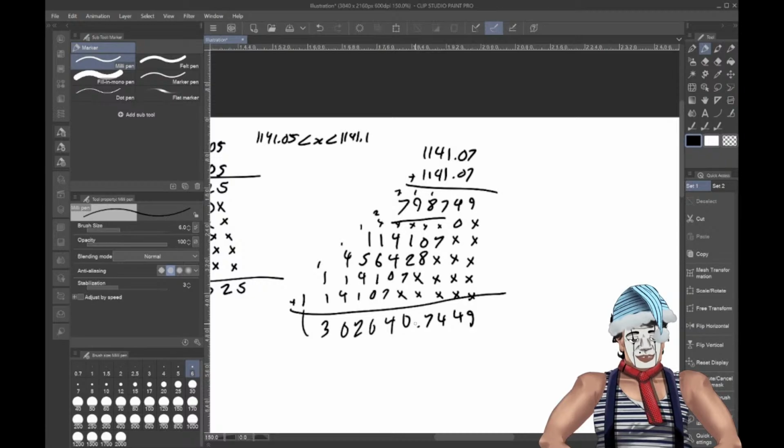This is some very wide math. Okay, 10, 0. Then the 1, 6, 0, 1, 4, 1, 1. That's a lot of digits.